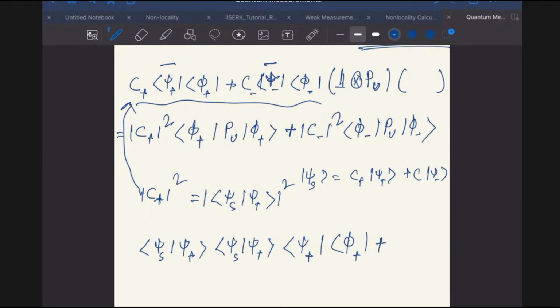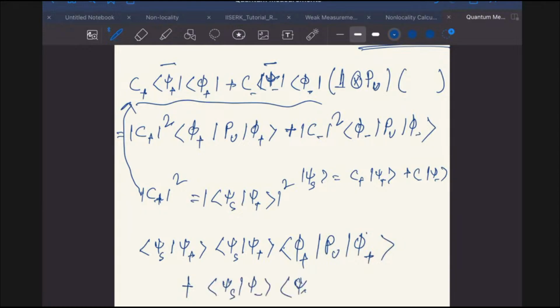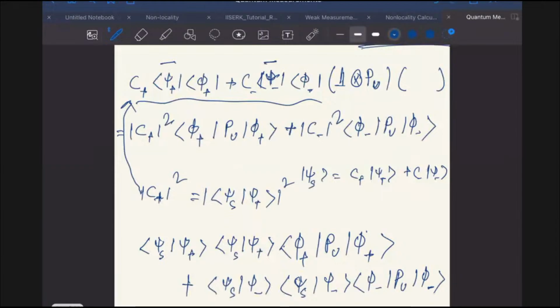Similarly, I can write for C minus the same thing: psi s psi minus, psi s psi minus, and phi minus P_U phi minus. So this is my whole state now. I have just substituted C plus for this.